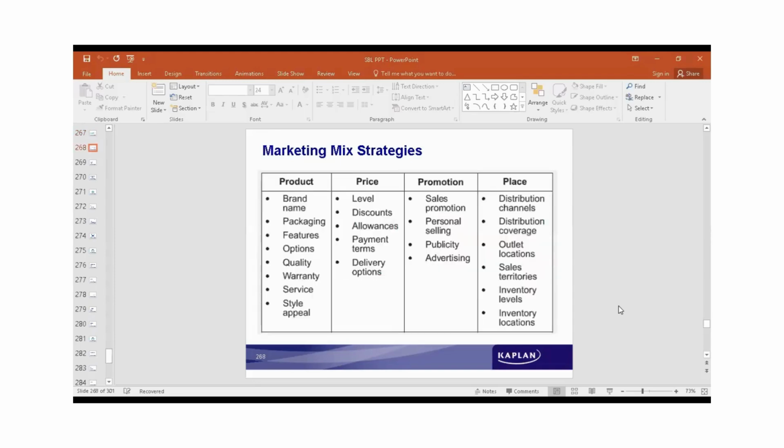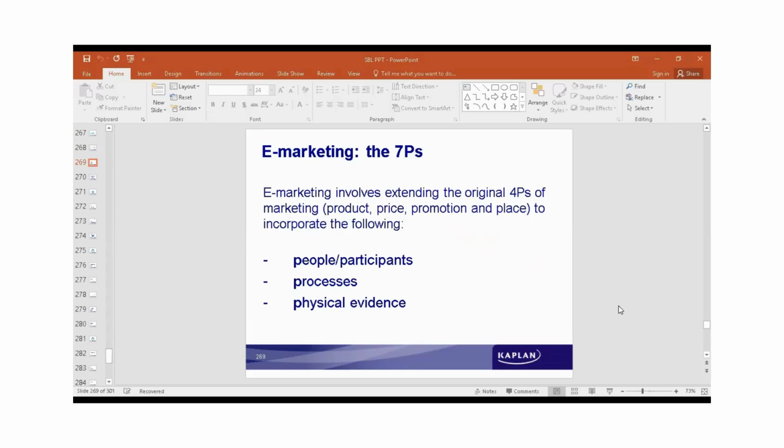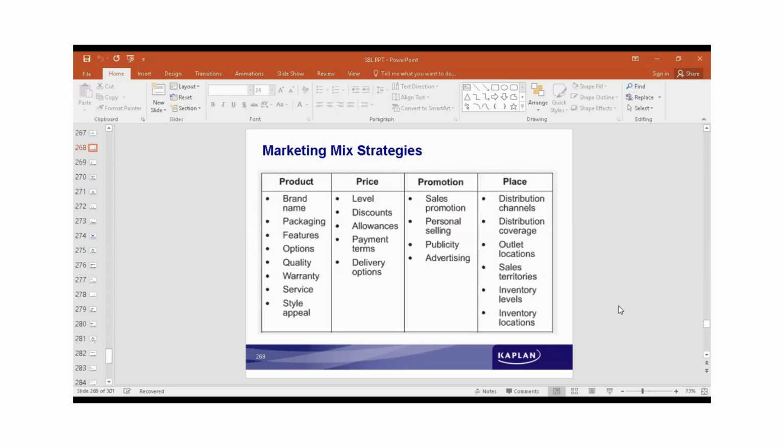The first thing is about the marketing mix. There are 4 P's of marketing: product, price, promotion, and place.